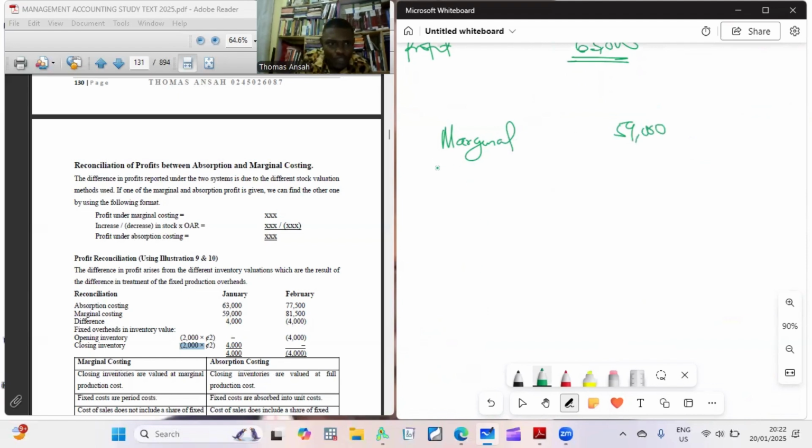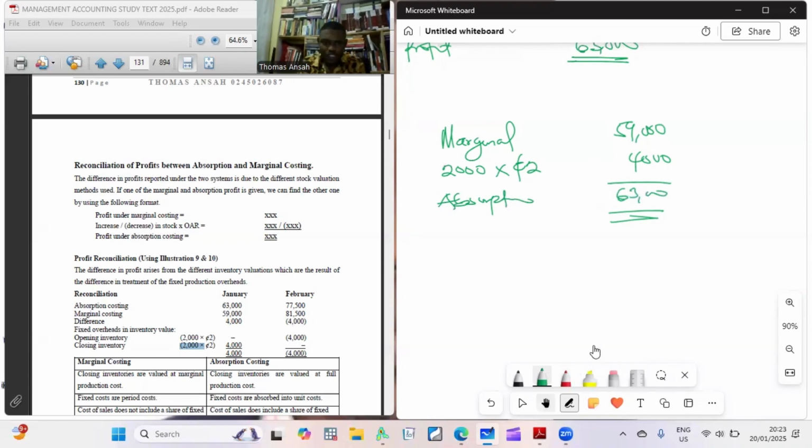Then if I pick the closing stock in January, which is 2,000, and I multiply it by the overhead absorption rate in the absorption one, which is 2, I'll get 4,000. And if I add it, it will be equal to the profit in the absorption one. So that is what we are saying, and by that, you reconcile. You see that here you also have 63.